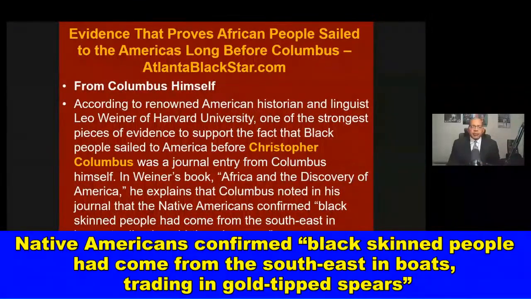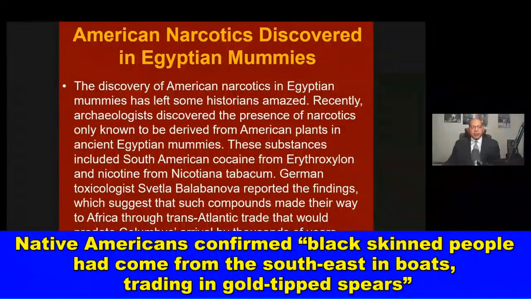He explains that Columbus noted in his journal that the Native Americans confirmed, quote, black-skinned people had come from the southeast in boats trading in gold-tipped spears.